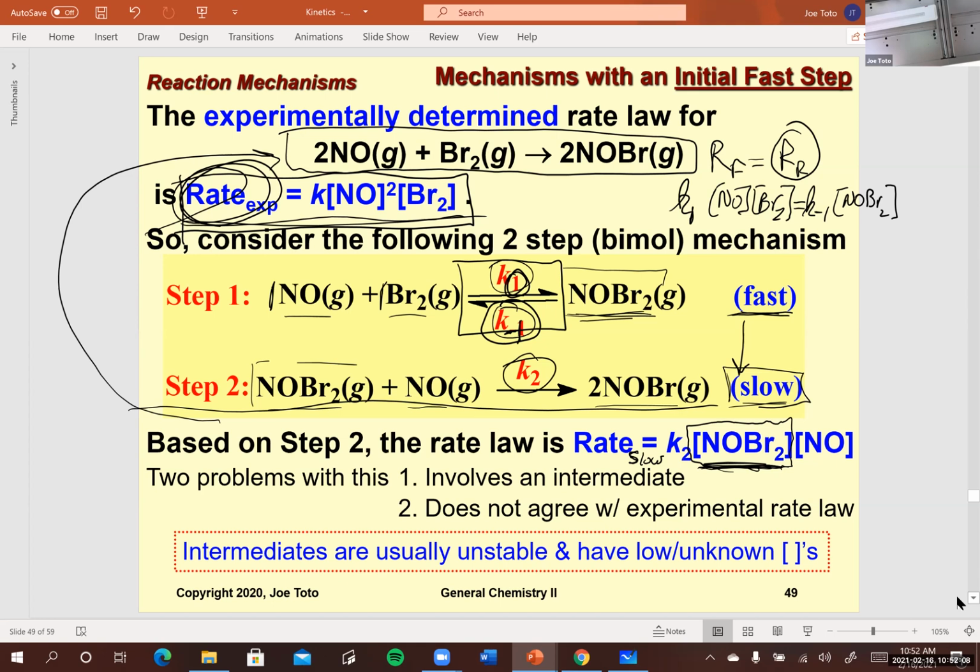Well, using that idea that the previous step comes to equilibrium, can I solve for that intermediate and substitute it back into this rate law and see if it makes more sense? So I can do that. I can solve for NOBr2, the intermediate. I find that it equals K1 divided by K minus 1 times NO times Br2.